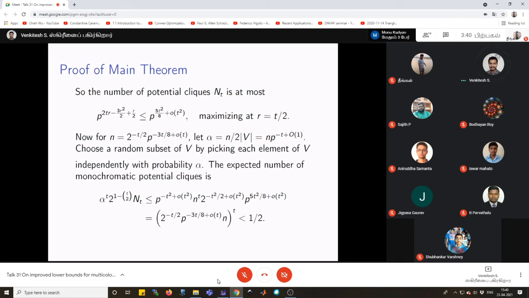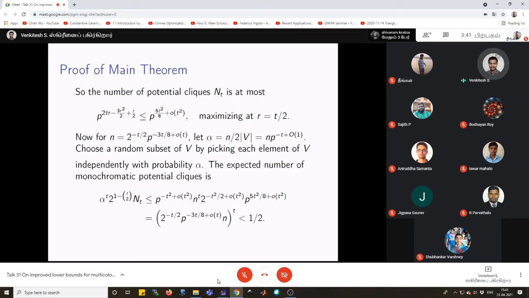And now there are t choose 2 many edges, and 2 to the 1 minus t by 2 is the probability that it is monochromatic. But now once again we said that the number of potential cliques is upper bounded by this quantity, the quadratic expression on the top, and therefore this is an upper bound of n_t. So there are n_t choices. So when we take the expectation, this is exactly the left hand expression.